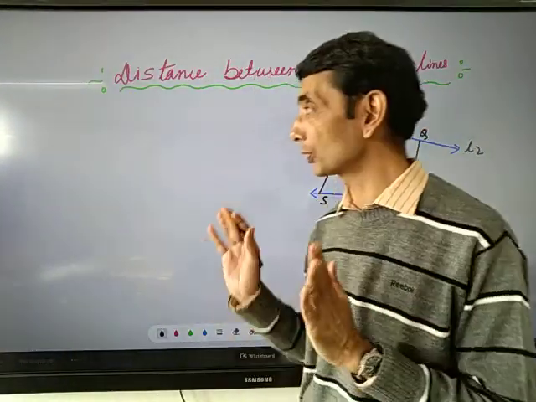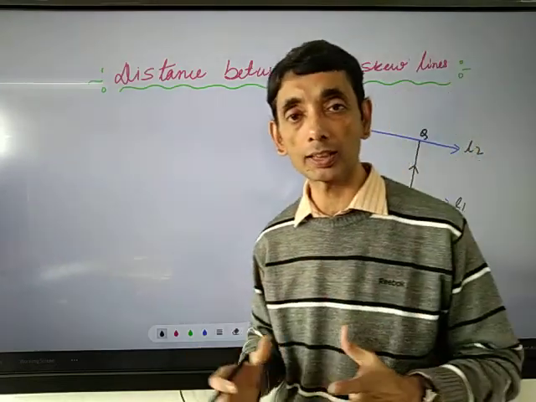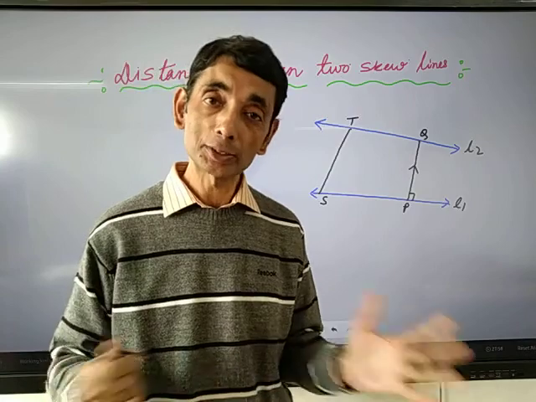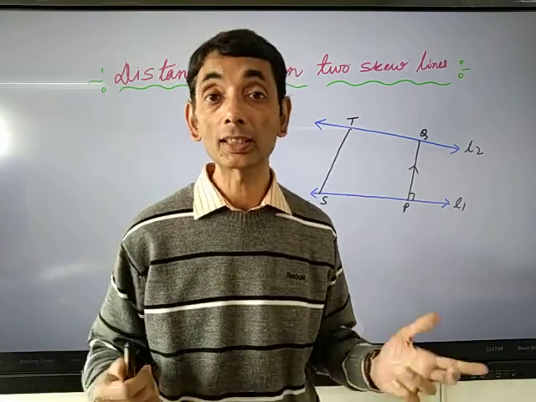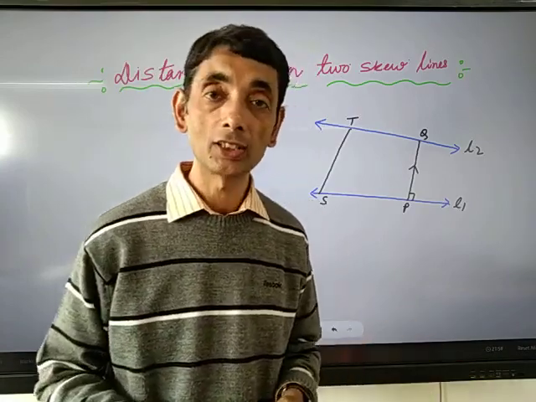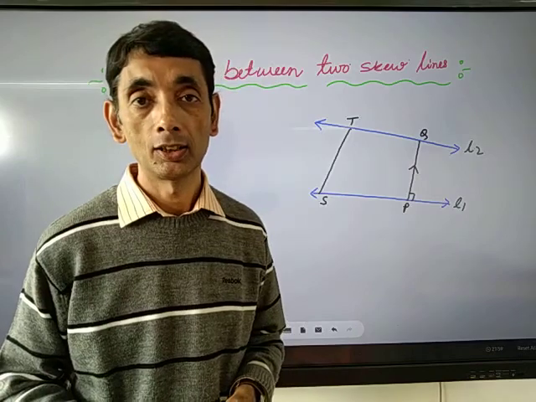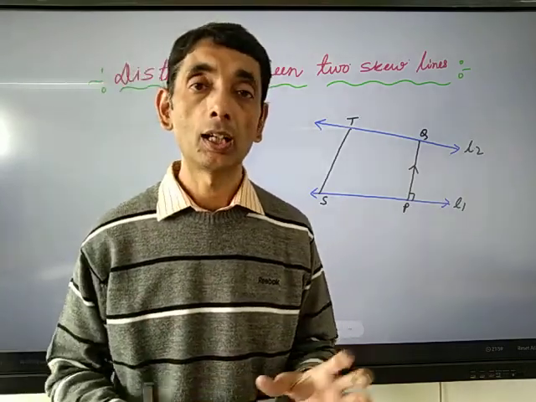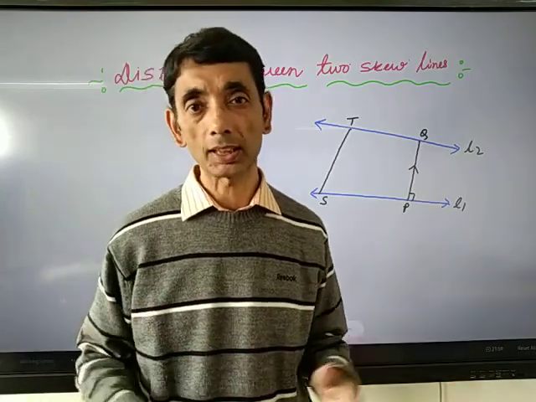First of all, before we start this particular theory, let us discuss what skew lines are. In space there are lines which are neither intersecting nor parallel. Let us try to understand with the help of one simple example.